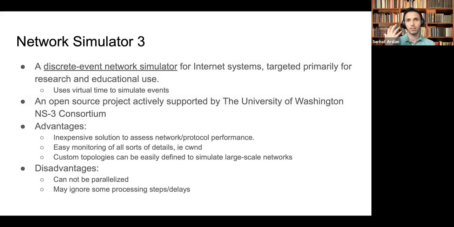Say the next event is scheduled for t equals 1, then it'll just set the current time to be t equals 1. So it doesn't need to do anything in between t equals 0 and t equals 1. It'll just directly skip to t equals 1.